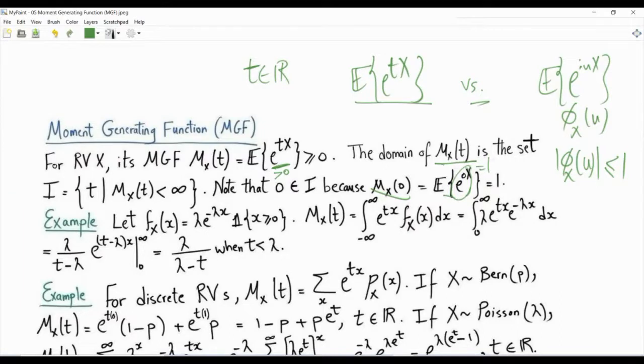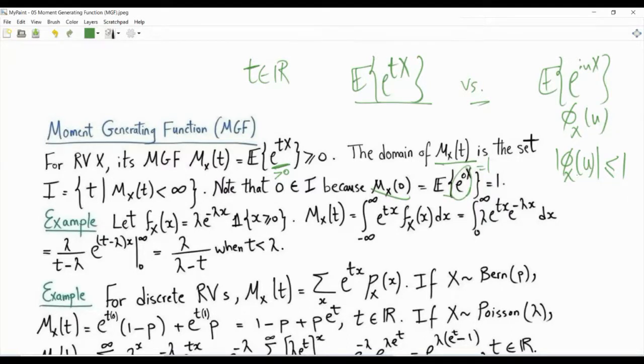It can be finite over all of R. This can happen. We will see examples. But you can have the other extreme case, in which the moment generating function is finite only at t equals 0. And keep in mind, the moment generating function at 0 is equal to 1. The same story holds for the characteristic function: if you put u equals 0, you always get 1.